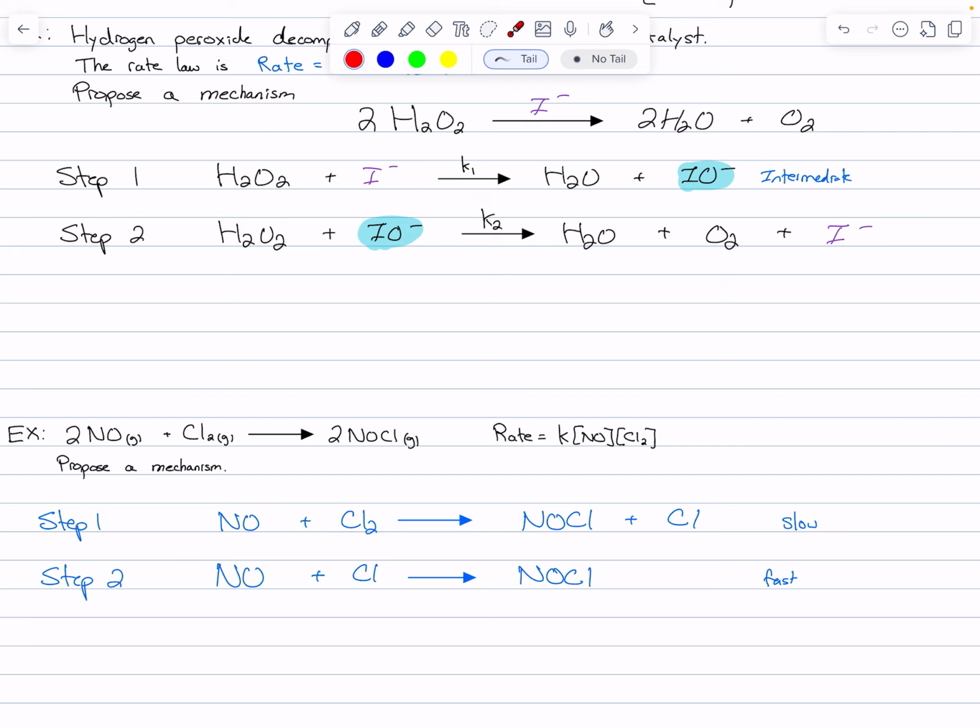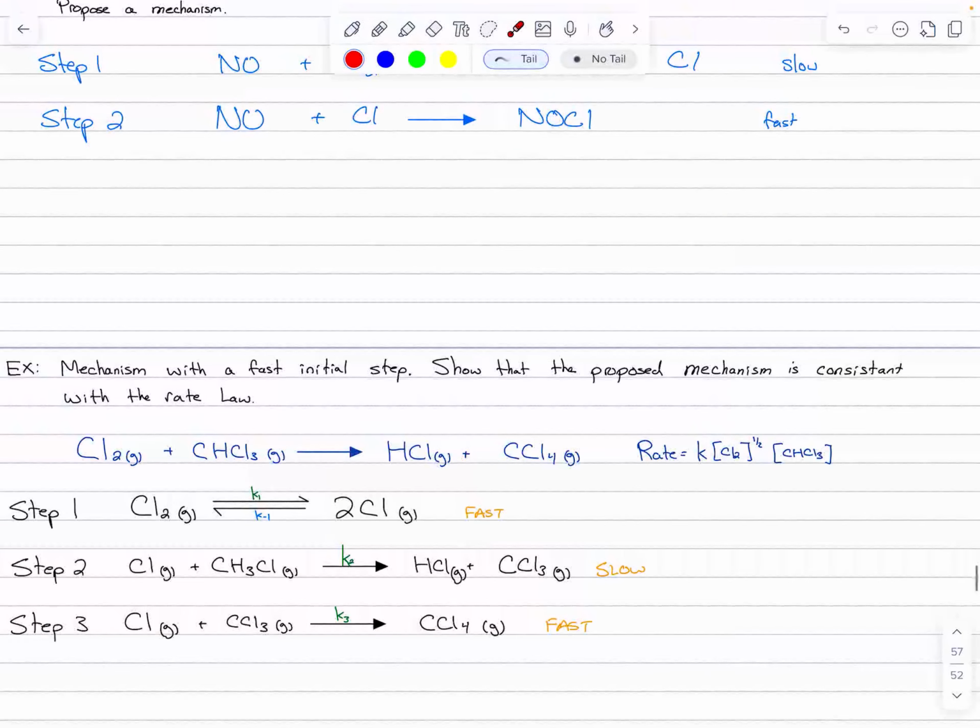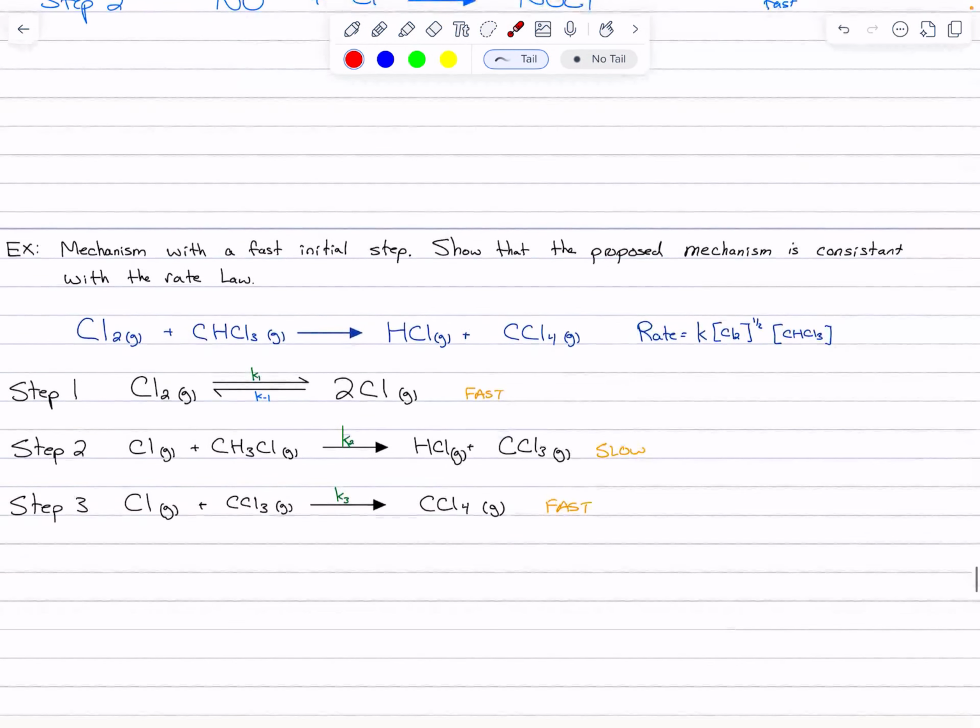All right. One more example. And this is the hard example: mechanisms with fast initial steps. I want to know if this mechanism is consistent with the rate law, and it gives you the reaction here and the rate law. If you notice, I have fast, slow, fast, and I have a fast reversible step.